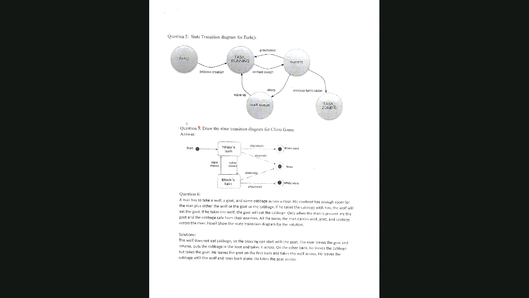We have 2 games here. One game is Shatranj, the chess game. So question number 6 and question number 7 are about 2 games. It is very interesting to know these games. Let us understand how game development is done with a state transition diagram. Most of you know Shatranj, how to play chess.